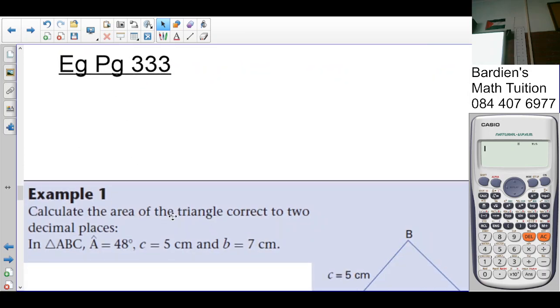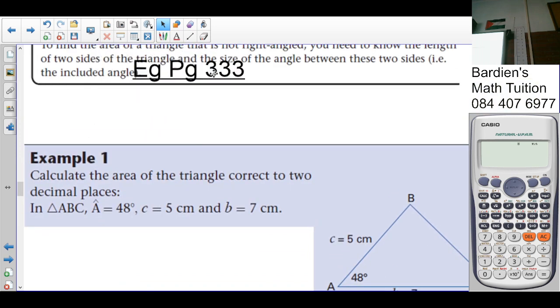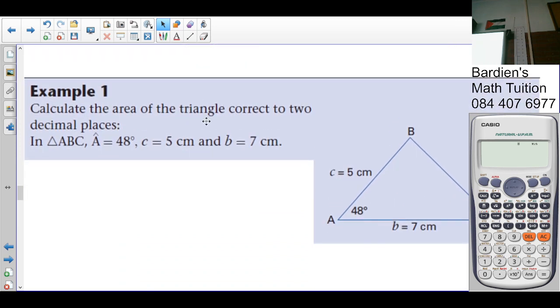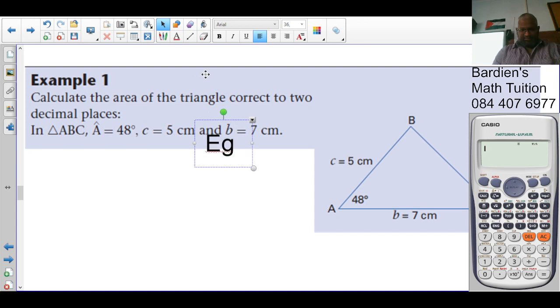So let's look at the first example. The first example is on page 34. That's correct.